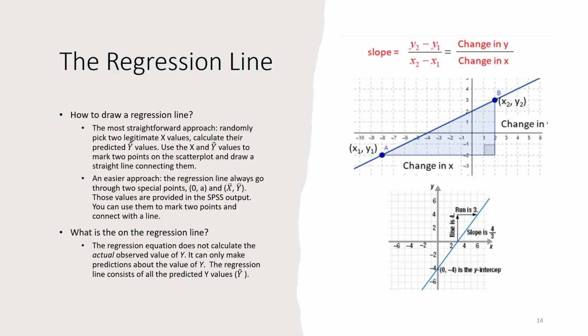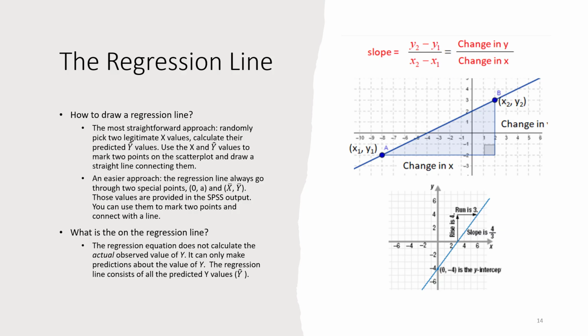Now, use the first x value and its predicted y value to plot the first point on the ordinate. Then repeat the same process with the second x value and its predicted y value. Once you have the 2 points, draw a straight line to connect them. That line is your regression line.